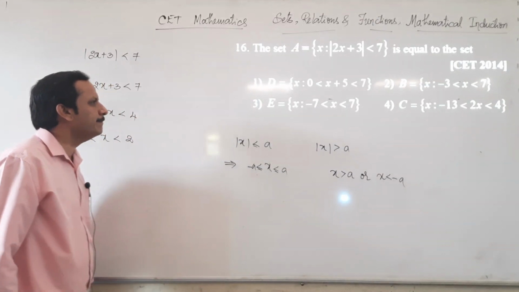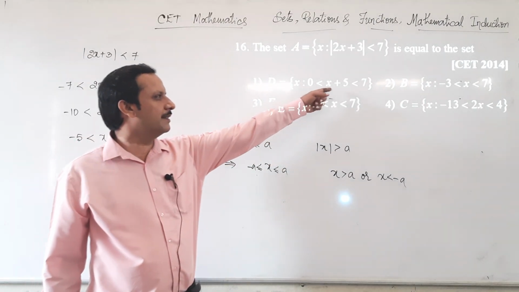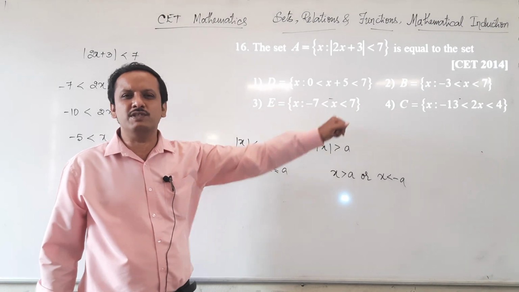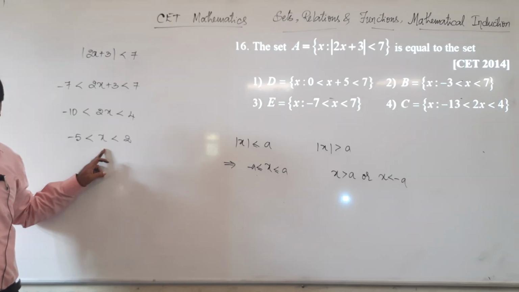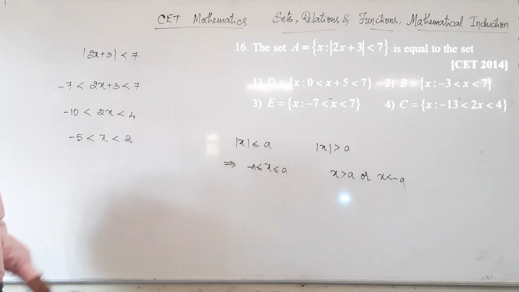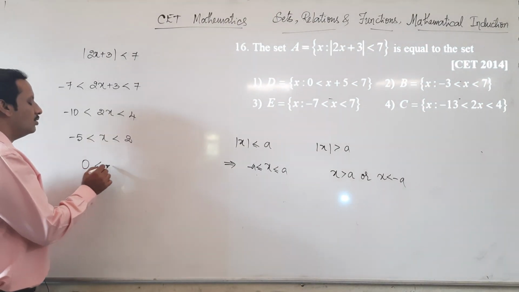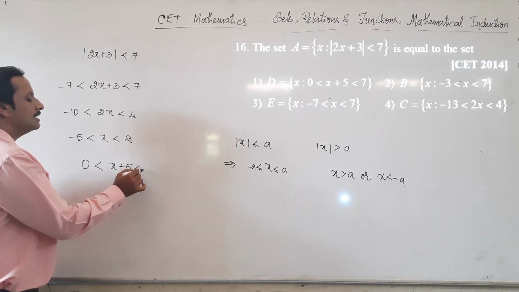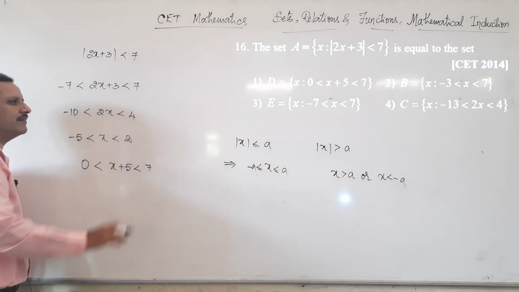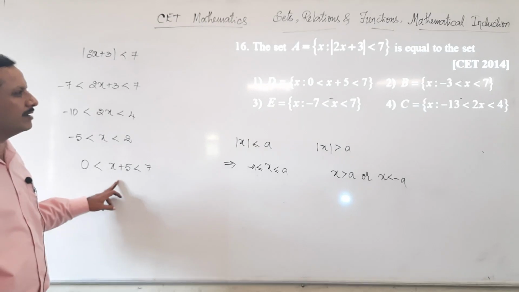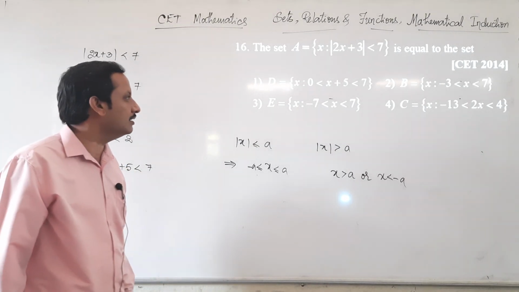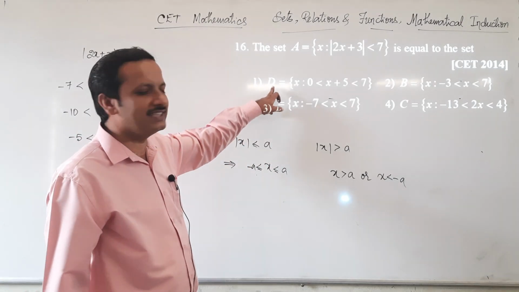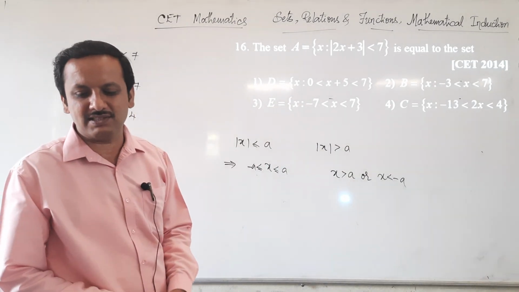Options are not there, but look at this option, x plus 5 lies between 0 and 7. Let us check. Adding 5 to this inequality gives 0 less than x plus 5 less than 7. When x lies between minus 5 and 2, x plus 5 will lie between 0 and 7. So, option D, the first option, is the correct answer.